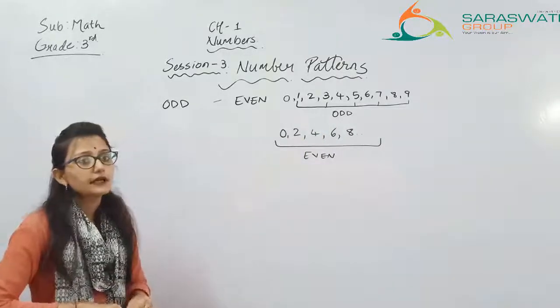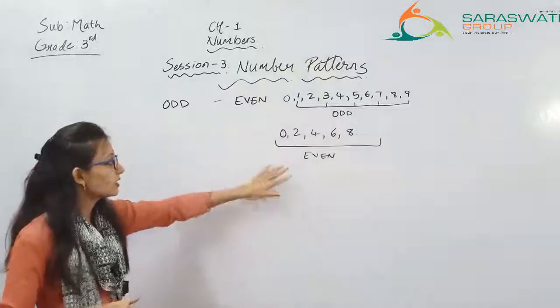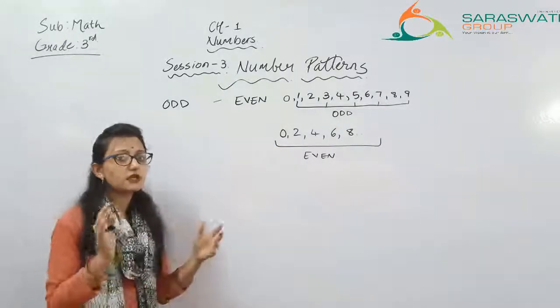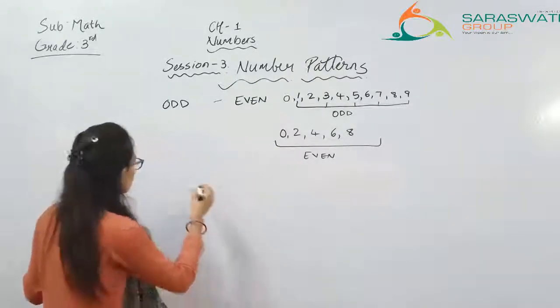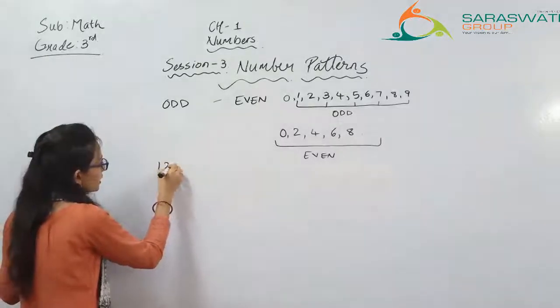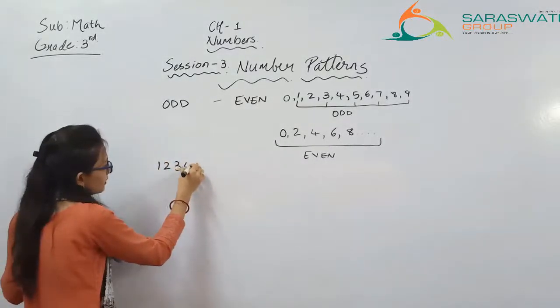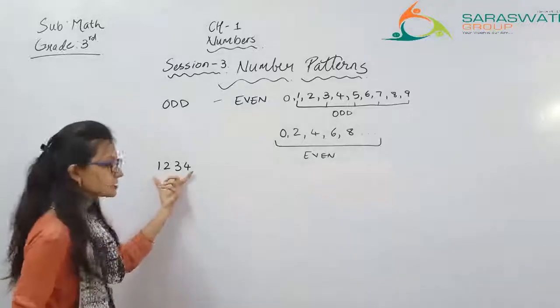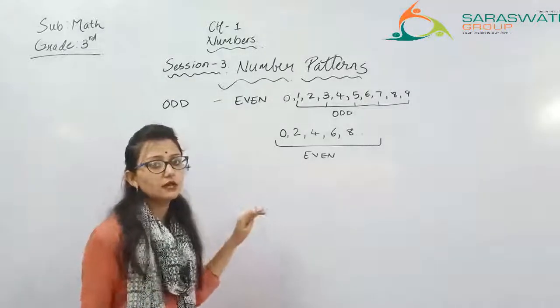So now let us put these odd and even numbers by arranging them in 4-digit numbers. Here I am giving you 1, 2, 3 and 4. Here it is a 4-digit number.